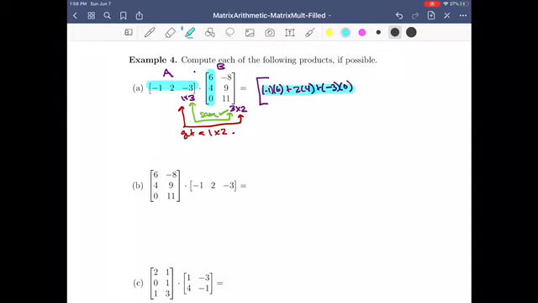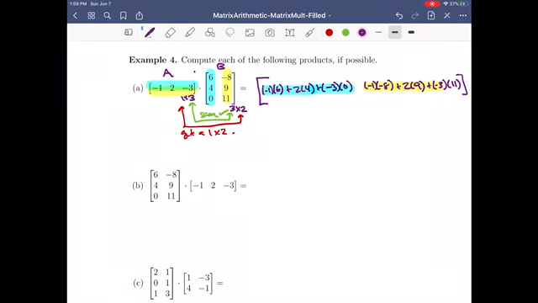And now we're going to do the same thing. We take this row, so there's only one row, and we multiply it by the second column, and that's going to give us the entry in row 1, column 2. So this is going to be -1 times -8 plus 2 times 9 plus -3 times 11.